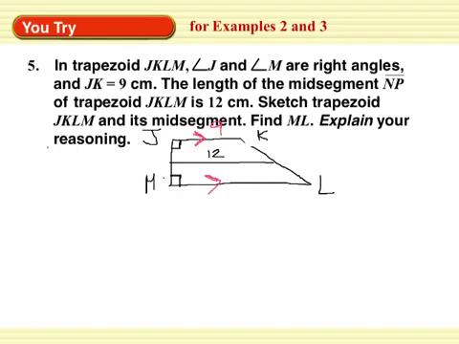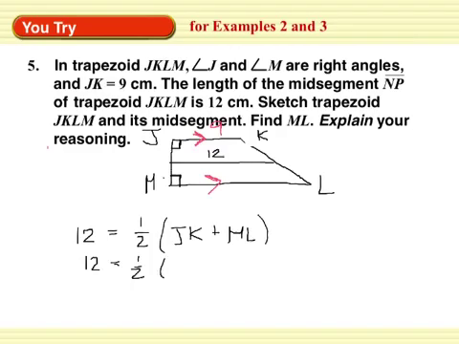So let's find ML. So we know that the midsegment is 1/2 the sum of the bases. So 12 is 1/2 9 plus ML.